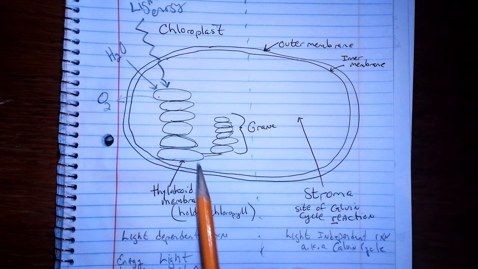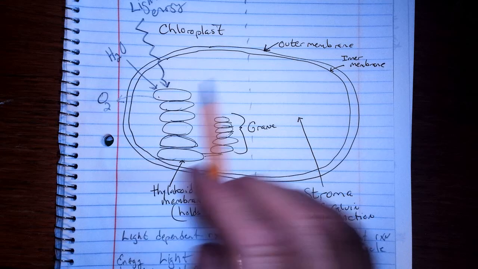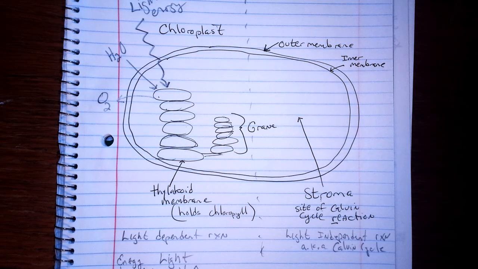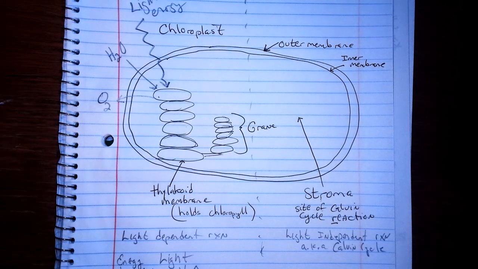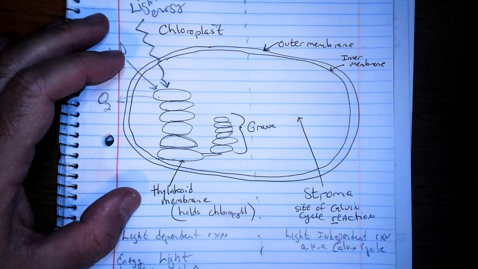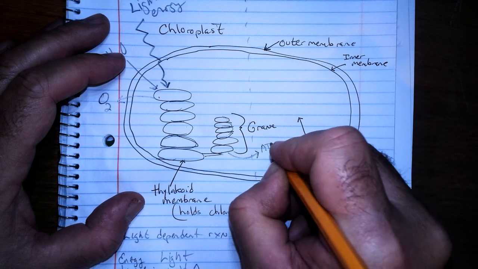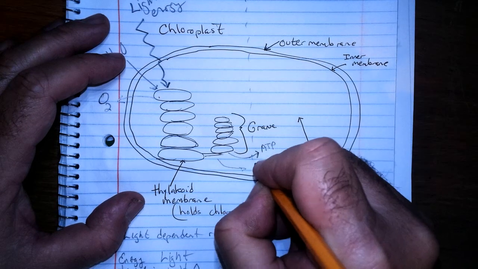Now, when that photolysis happens, the oxygen molecule is released, but we also get some energized hydrogen ions and some electrons. And those are going to be used to produce ATP and NADPH.